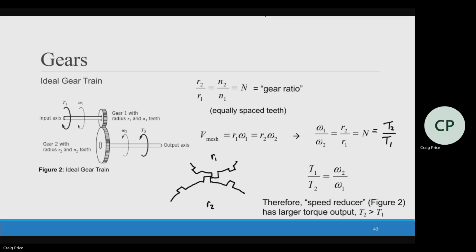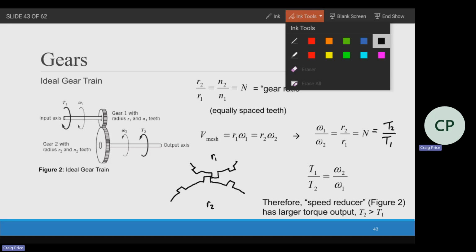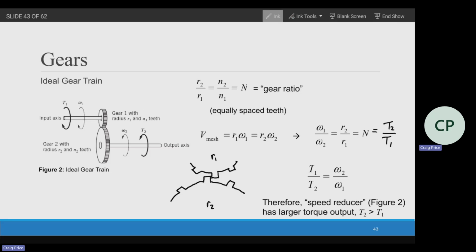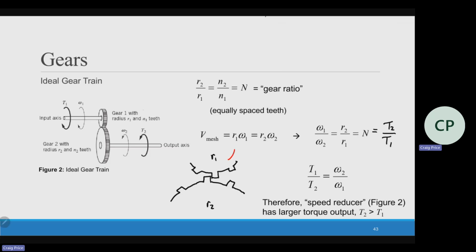Now, we can look at the torques. We can look at the velocities. There's also a common force in between here. So if this is turning like this, it's going to push on this gear. So there's a contact force. Maybe I'll call it the mesh force.